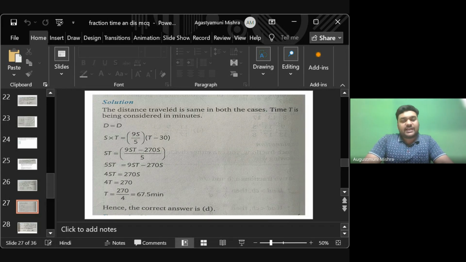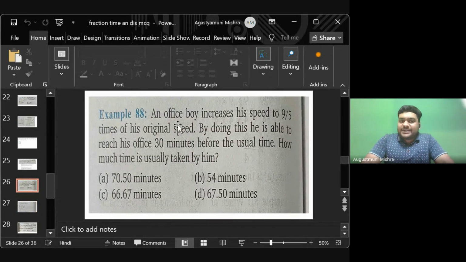After half a minute, I will change the slide. Till then, you can just observe. Okay, I'm just explaining. Whenever we see this kind of question, an office boy increases speed by 9/5 times his original speed. By doing this, he is able to reach office 30 minutes before. How much time is usually taken by him?